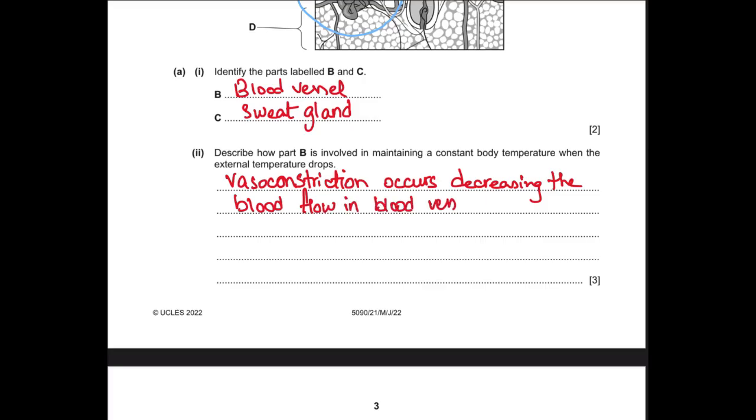Vasoconstriction occurs, decreasing the blood flow in blood vessels and retain heat.